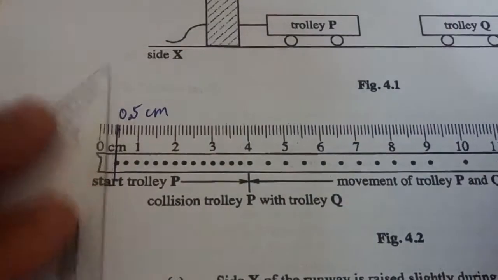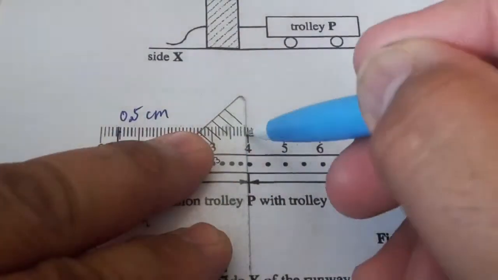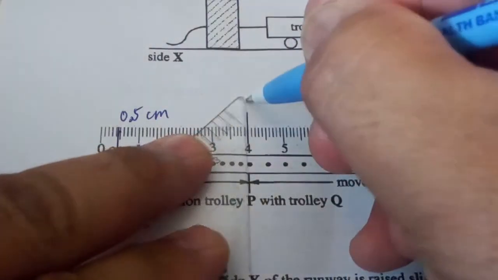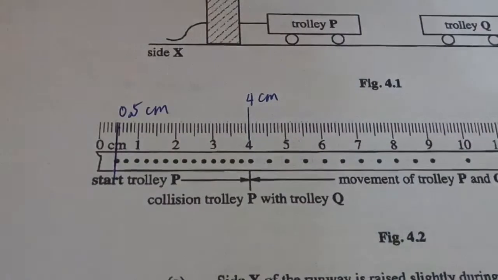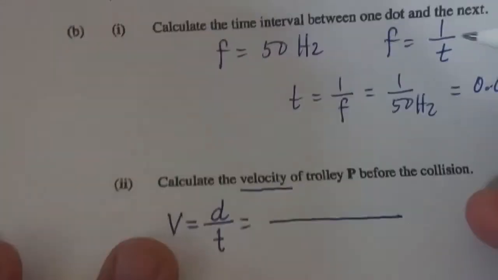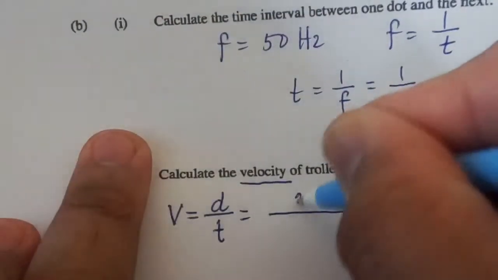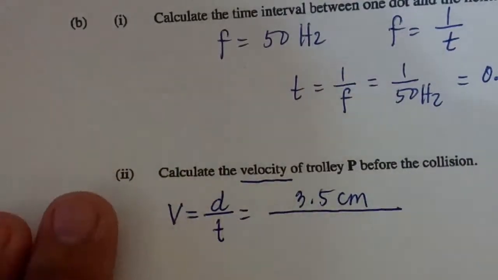Before collision it ends at 4 centimeter. Therefore the distance is 4 take away 0.5, and the distance would be 3.5 centimeters.